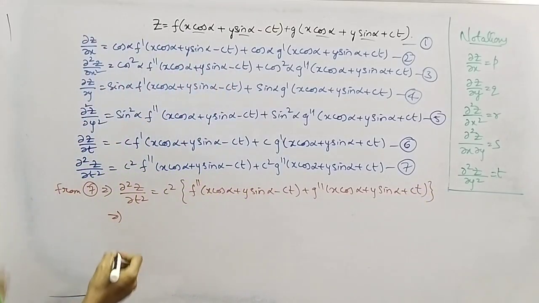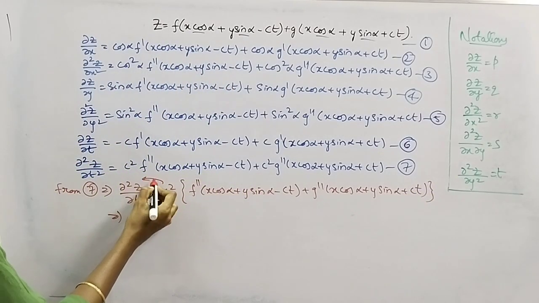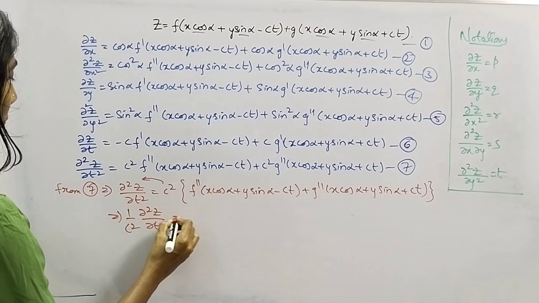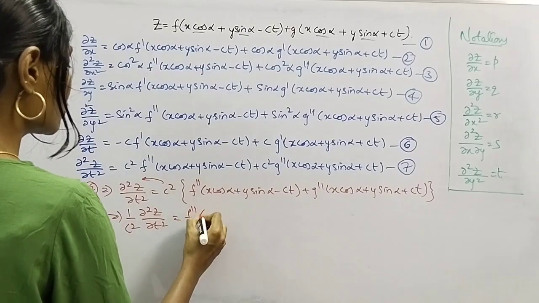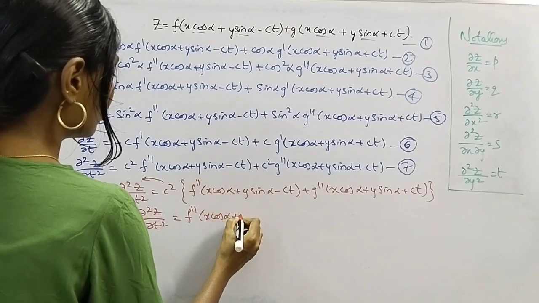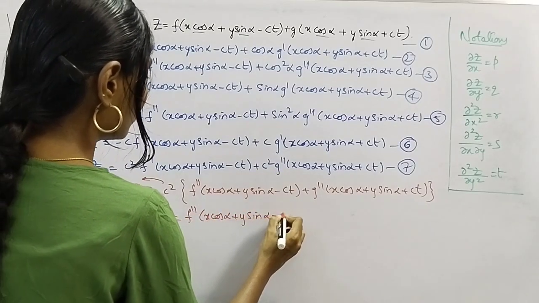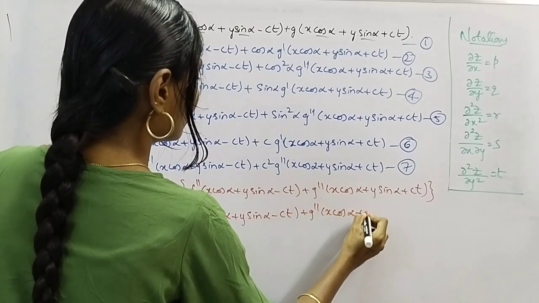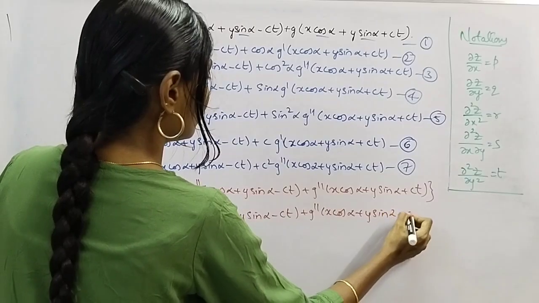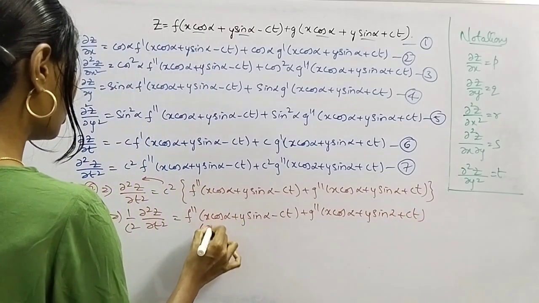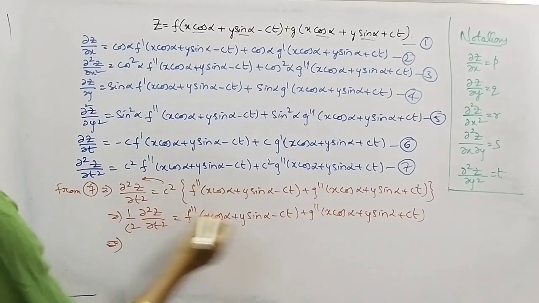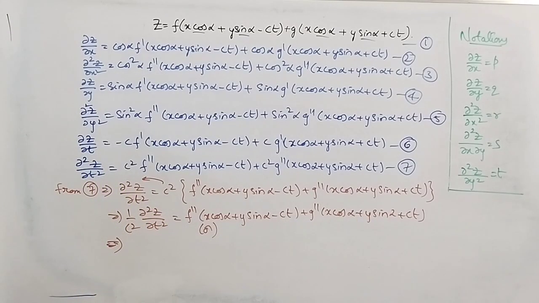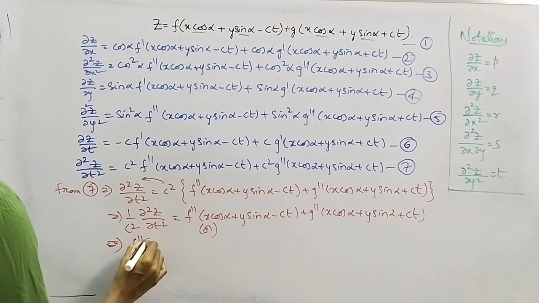Now bring this c² to the LHS, you'll get 1/c² into ∂²z/∂t² equal to f double dash plus g double dash. Or we can write f double dash plus g double dash equal to 1/c² into ∂²z/∂t². We'll use this further.